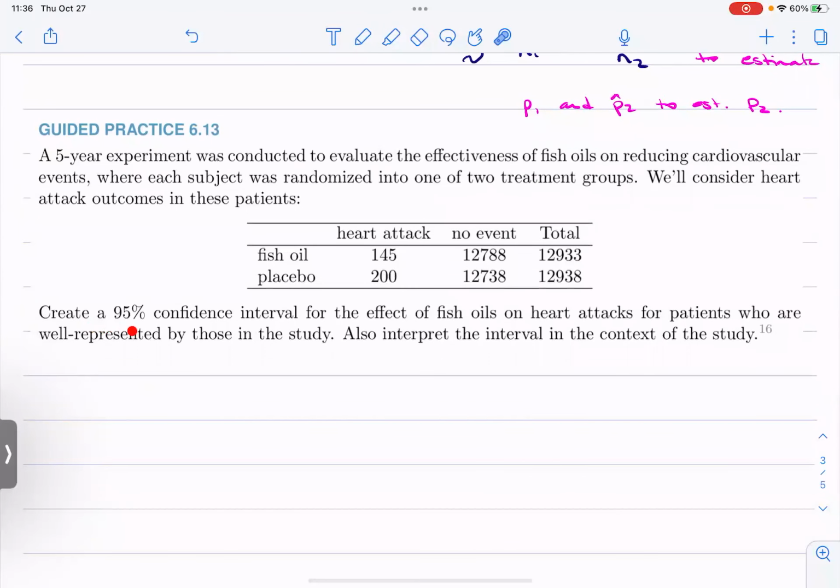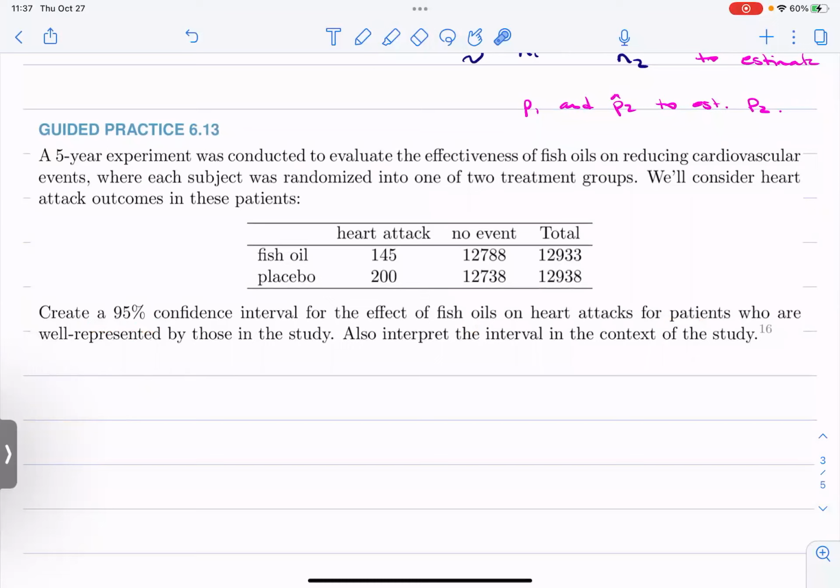Create a 95% confidence interval for the effect of fish oils on heart attacks for patients who are well represented by those in the study. If you think about a study, especially one that's talking about heart attacks, you're not going to mix 20-year-olds with 70-year-olds.